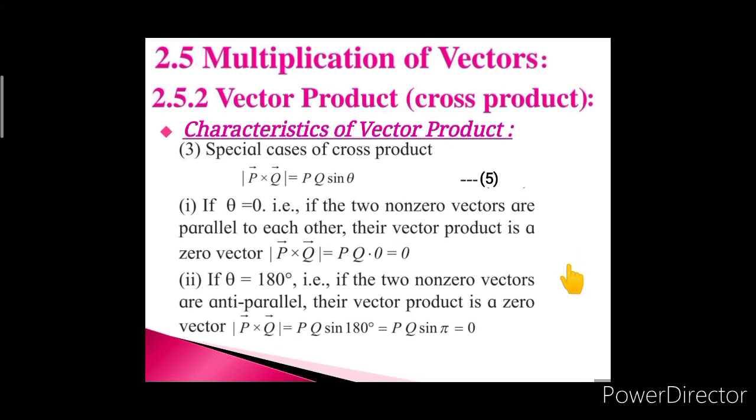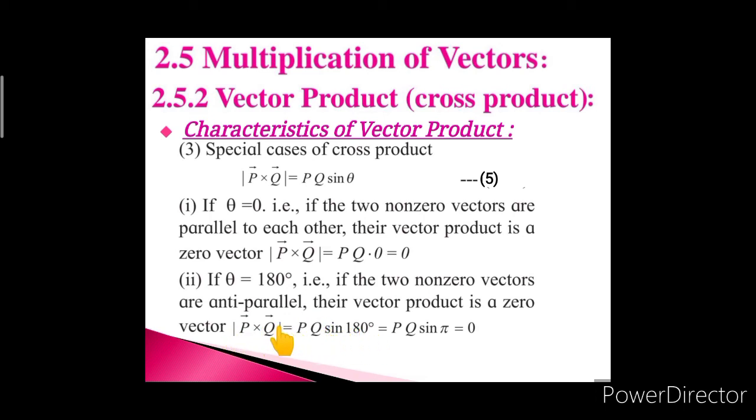The second case we have to take is if the angle theta is 180 degree, that means when the two vectors are anti-parallel to each other, then their vector product is a zero vector. As the value of sin 180 degree is 0, when it is multiplied with PQ, the result we get is 0.